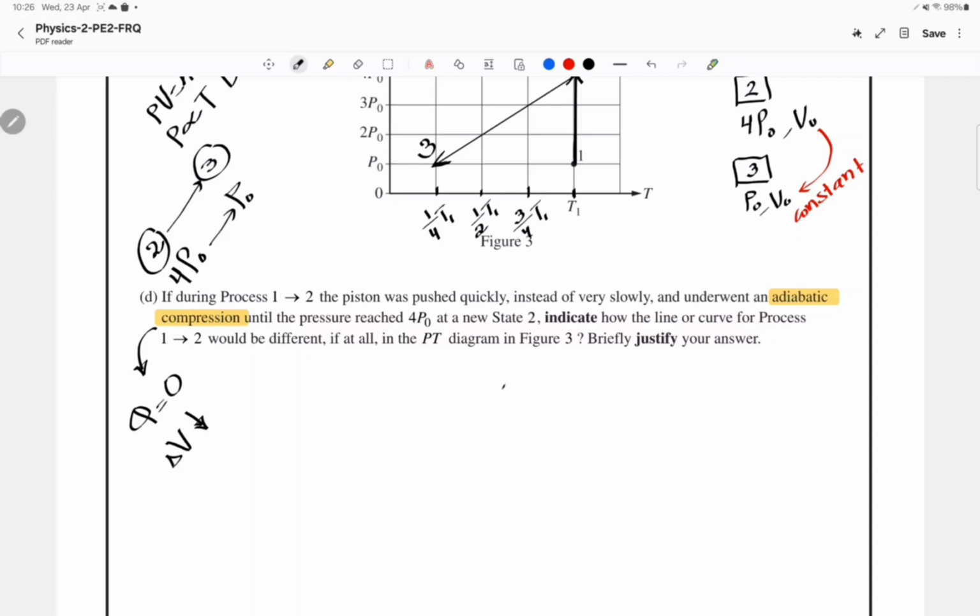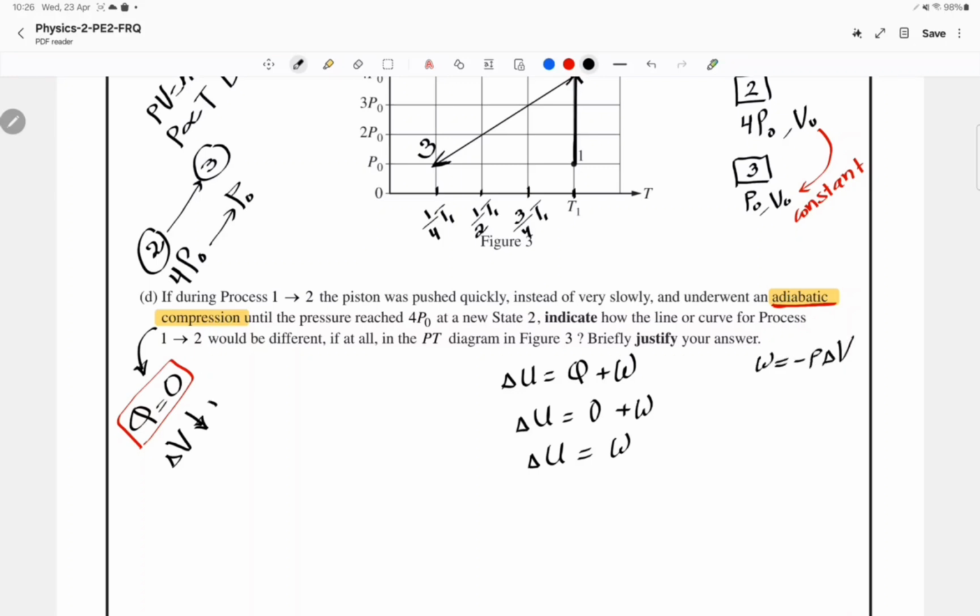So what's happening here is that delta U is equal to Q plus W. But we were already told that we have an adiabatic compression, which means that Q is equal to 0 if it's an adiabatic process. So delta U is equal to 0 plus W. So delta U is equal to W. Now W is equal to negative P delta V, and since we have a compression, that means your delta V is going to be negative.